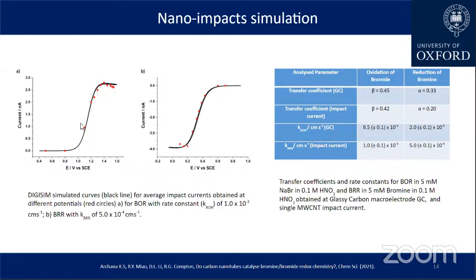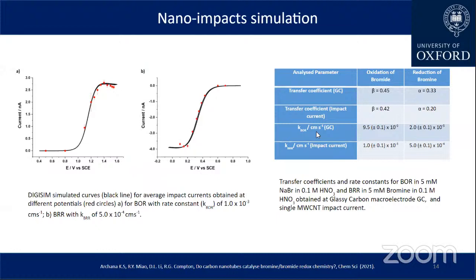And here you can see we clearly get a sigmoidal curve corresponding to the contribution of current by a single carbon nanotube. And we use the DigiSim simulation method, involving inputting all the parameters that we have obtained for this experiment, and then we calculate the rate constant.